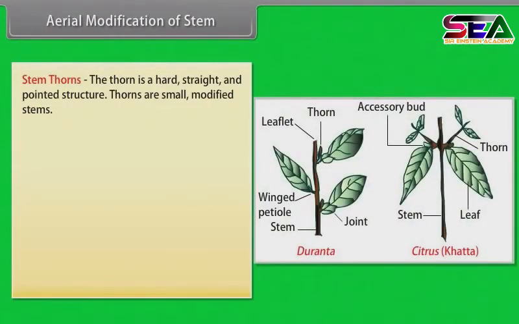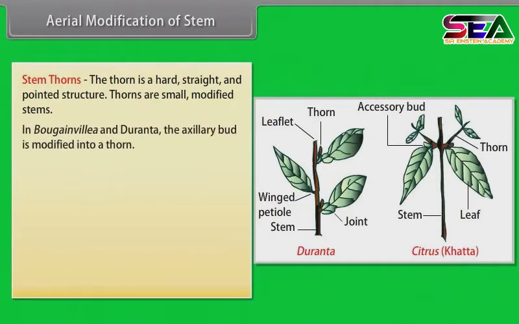Stem thorns. The thorn is a hard, straight, and pointed structure. Thorns are small, modified stems. In Bougainvillea and Duranta, the axillary bud is modified into a thorn. In Carissa, the terminal bud is modified into a pair of thorns.